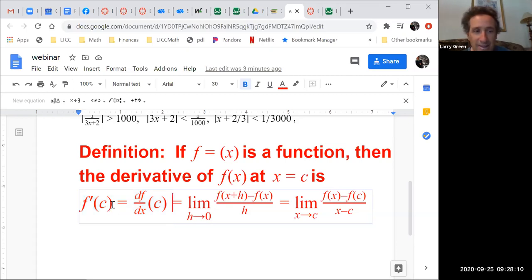Newton wrote it this way, f prime of c, and Leibniz wrote it as df dx. So 2 different people did it, and they had different ways of thinking about it, but it was the same thing.